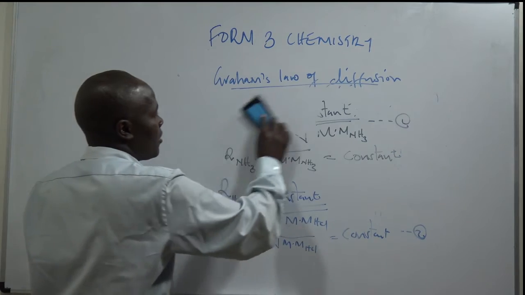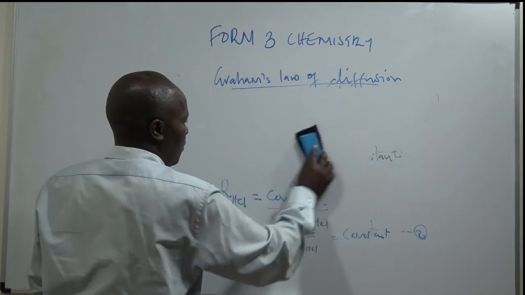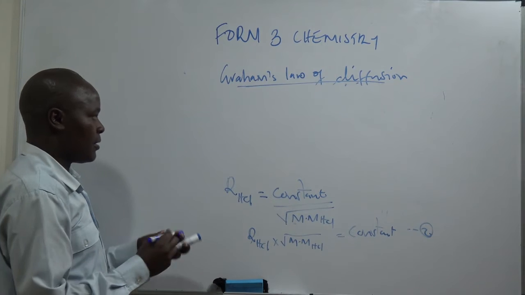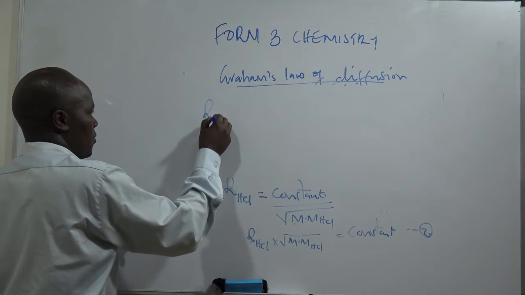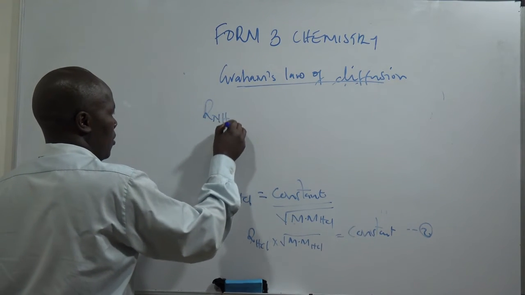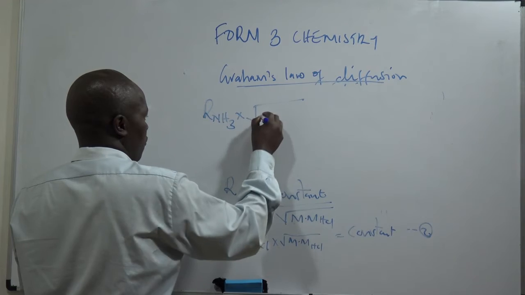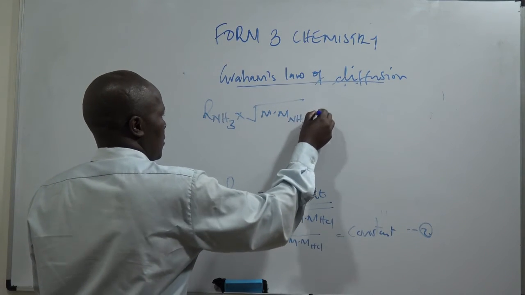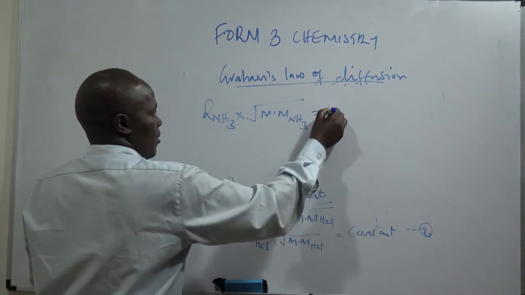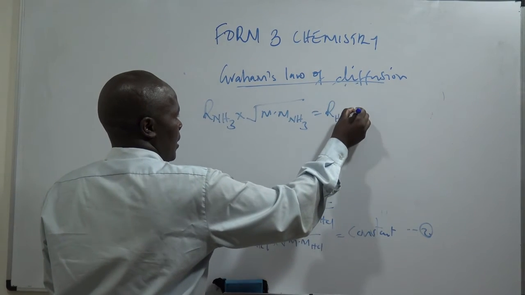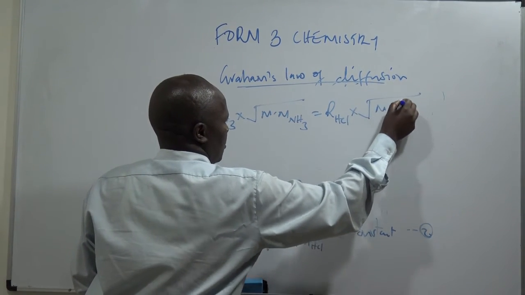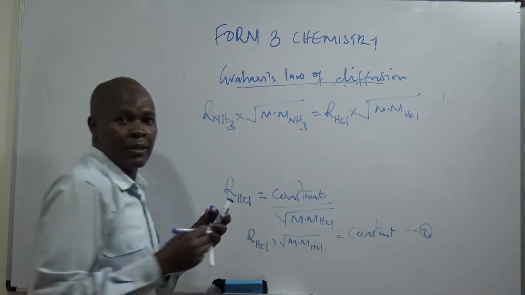You realize in the two equations, they both have constants. This means that the constants are the same. Therefore, the rate of diffusion of ammonia multiplied by the square root of molecular mass of ammonia gas is equal to the rate of diffusion of HCl multiplied by the square root of molecular mass of HCl.